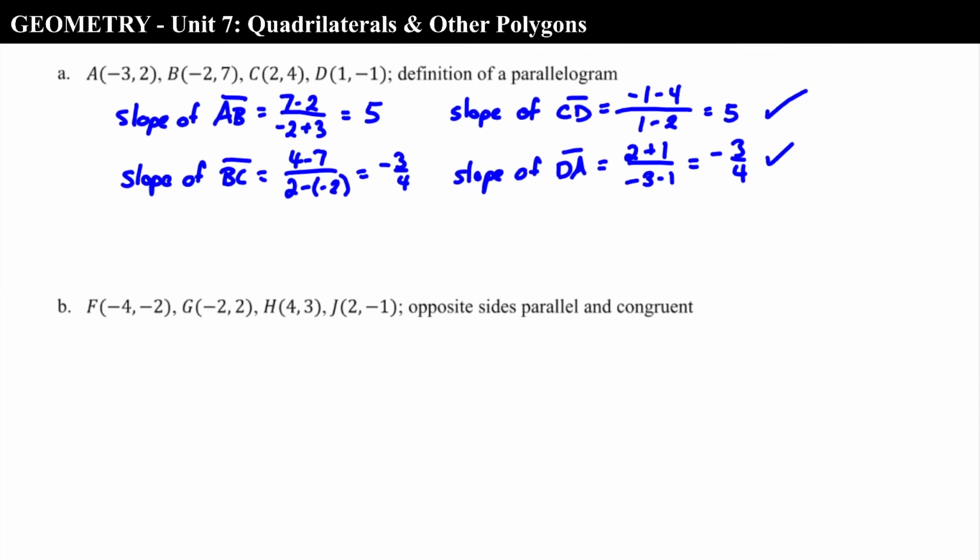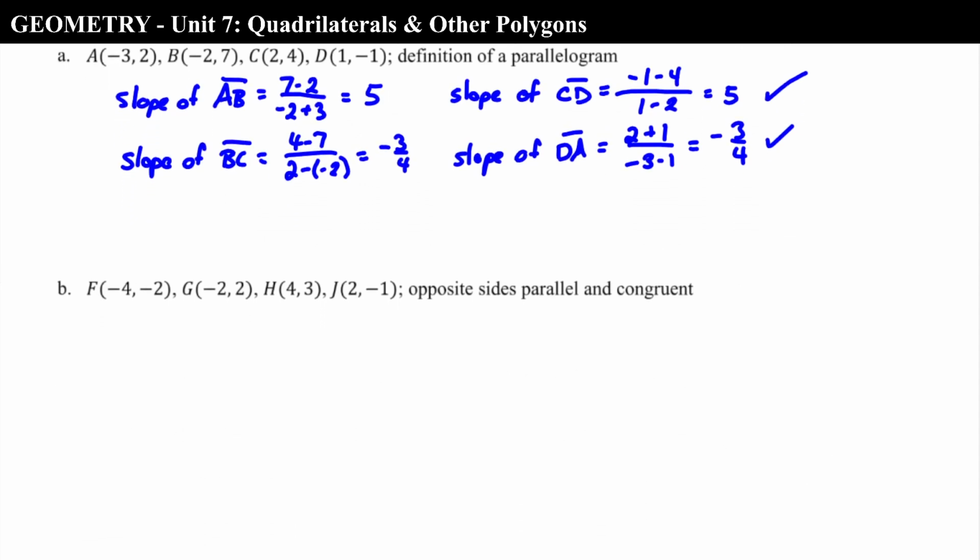For B, we want to show that this is a parallelogram by stating that opposite sides are parallel and congruent. So let's show that they're parallel first by calculating their slope. So let's do the slope of GH.